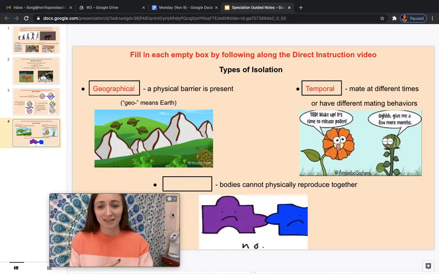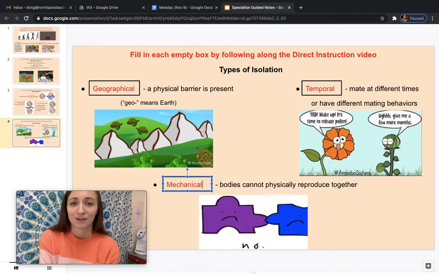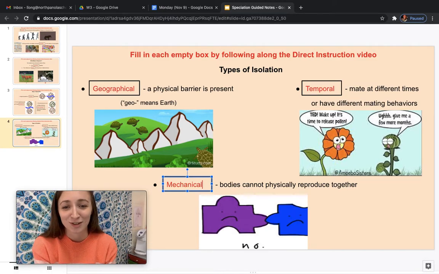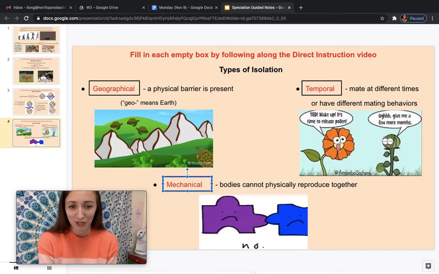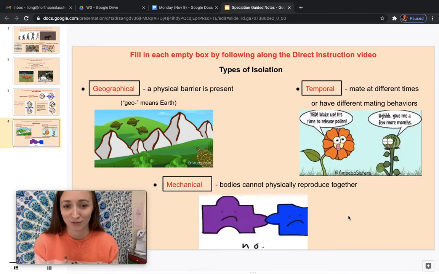The last one, I think this one is the easiest, is mechanical. Mechanical isolation just means that their mechanics are a little off. Their bodies physically cannot reproduce together because the way their bodies are made up, it just doesn't work. You can think about two puzzle pieces that don't fit together. They literally can't do it.